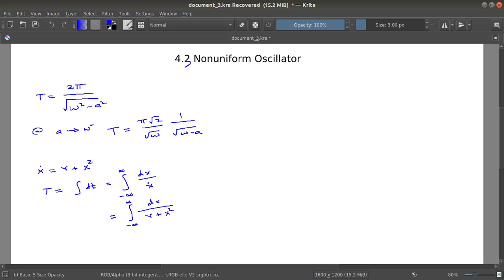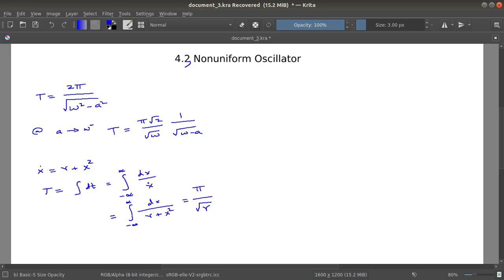If you do the calculation, what you will get is pi by root r. This is the reason we call it the square root scaling law.